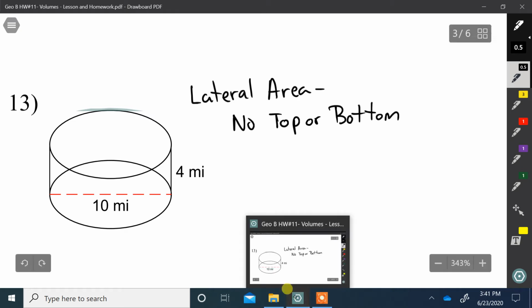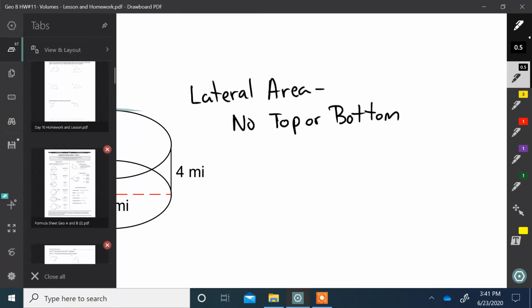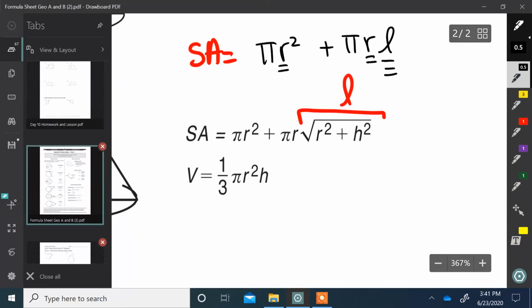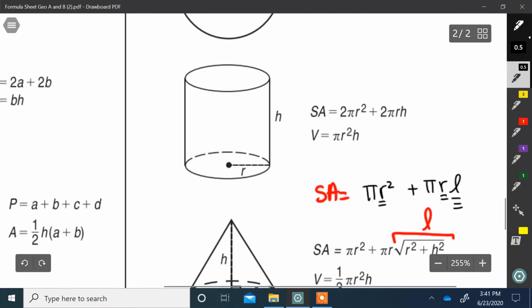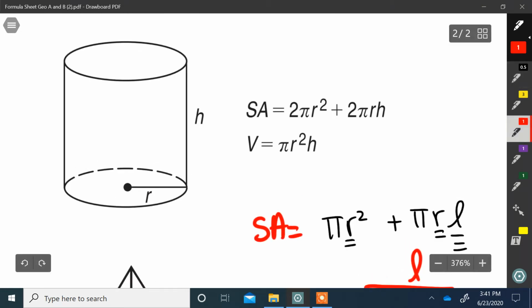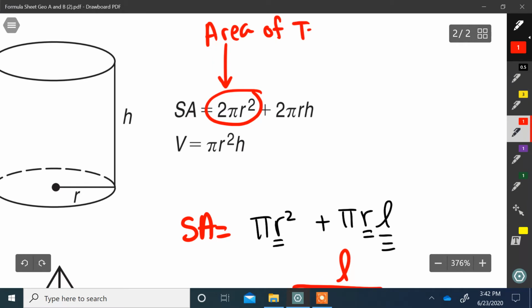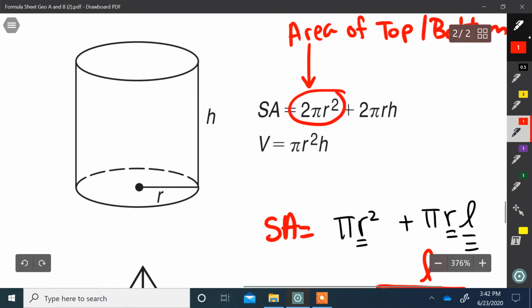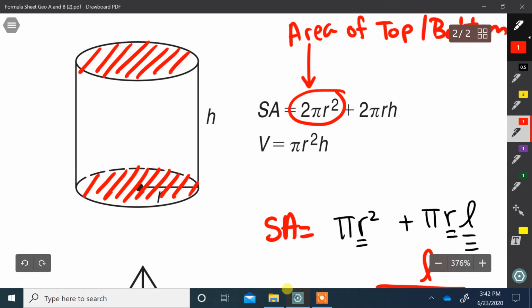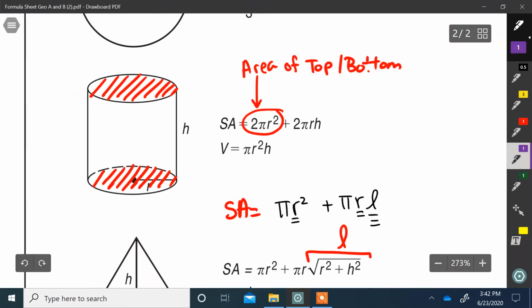Well, let's take a look at our formula sheet so you can see something very interesting. Here's my surface area for this right here. I want you to realize something in here. This right here, 2 pi r squared, this right here is the area of top and bottom. Because that's the area of the circles. Okay, we do not care about that.